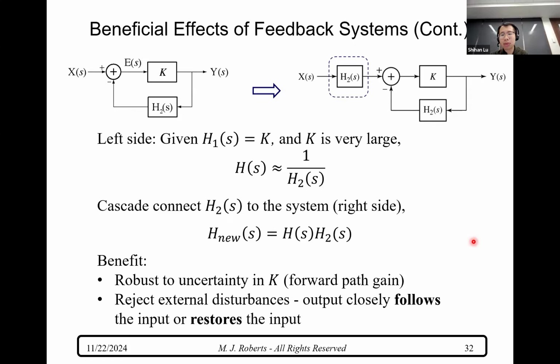The system output will always closely follow, or restore, the system input.